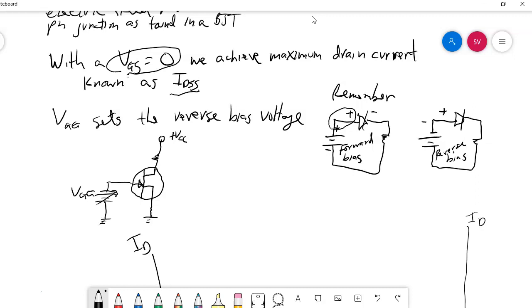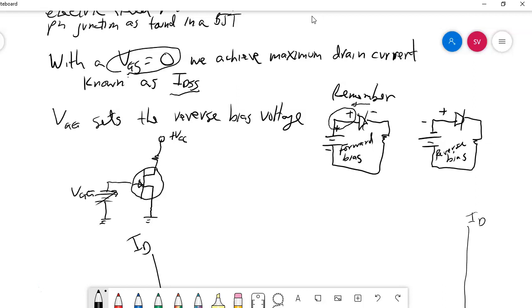The minus polarity of the voltage source will repel the electrons, and as long as your voltage source is greater than 0.7 volts, which gives our electrons enough energy to jump the PN junction, they jump over to the waiting holes or vacancies, which are positive.